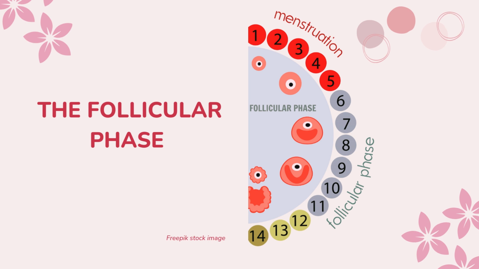The follicular phase is where both your menstrual flow and ovulation happen, and its length can vary quite a bit, anywhere from 7 to 21 days. It's often longer for teenage girls, just getting the hang of things, and tends to be shorter for perimenopausal women as their cycles start to change. So it's the phase where all the prep work and action happen, setting the stage for the second half of the cycle.